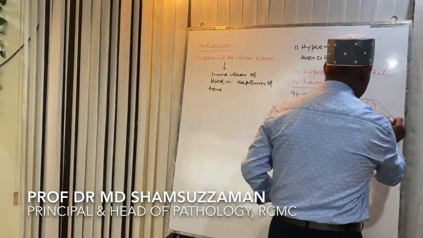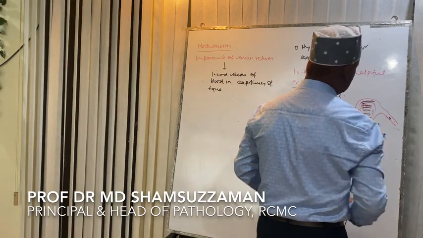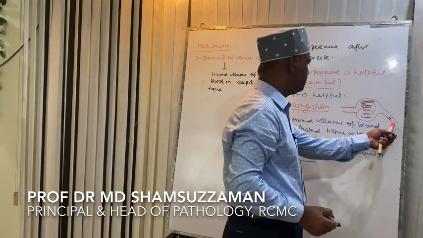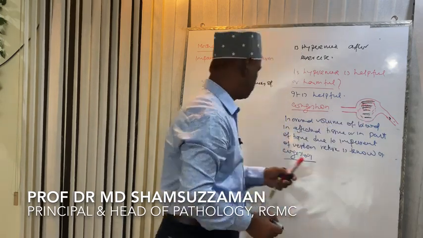So if there is impairment here, the capillary contains maximum blood. So following impairment of venous return, there will be increased volume of blood in the capillary of the tissue.